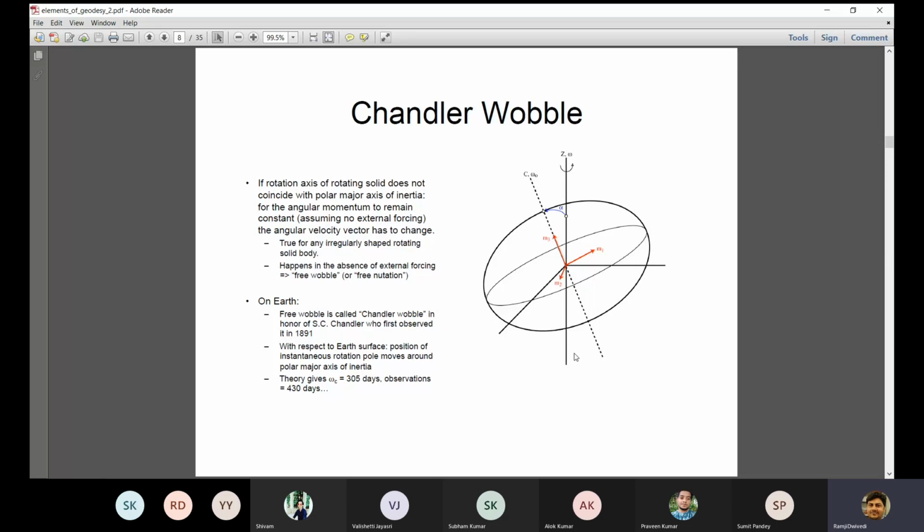This is true for any irregularly shaped rotating solid body like Earth, and it happens in the absence of external forcing; it is called free wobble or free nutation. So that's the concept.